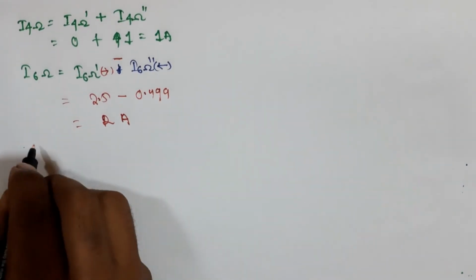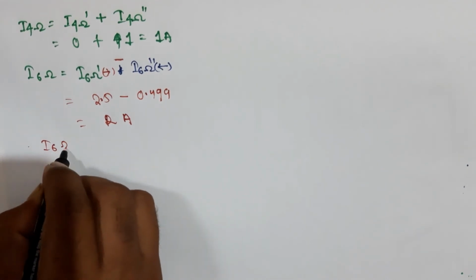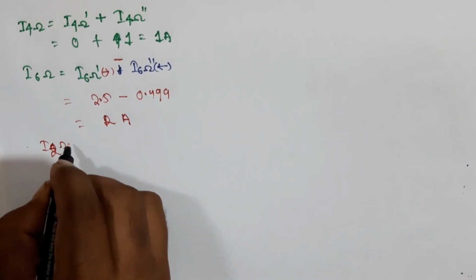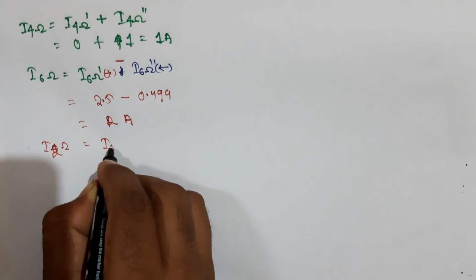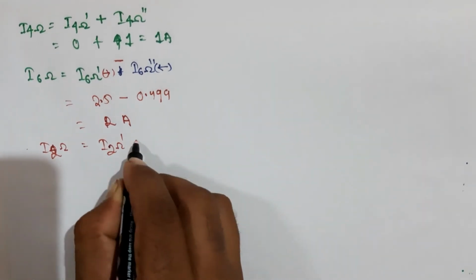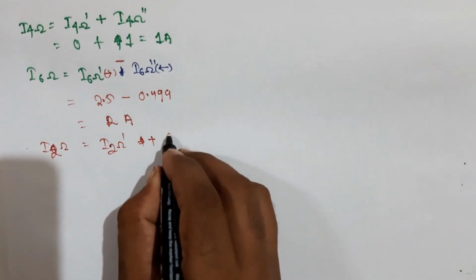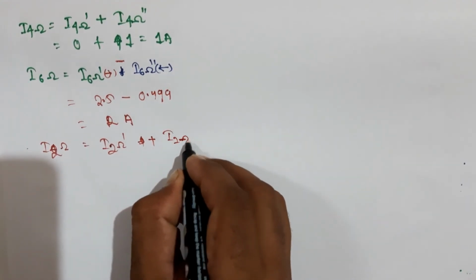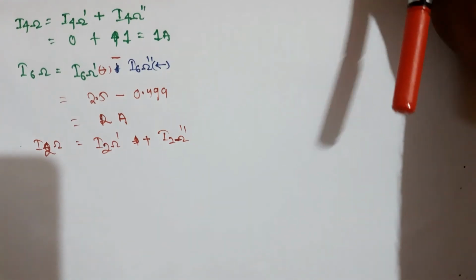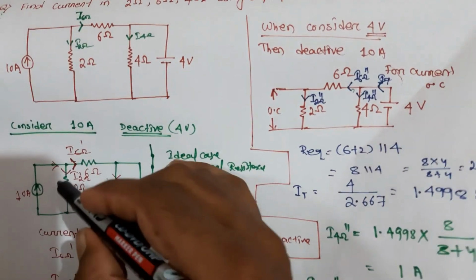Next, I in 2 ohm: I 2 ohm single dash plus I 2 ohm double dash, because the currents are in the same direction, both in the downward direction through this 2 ohm.